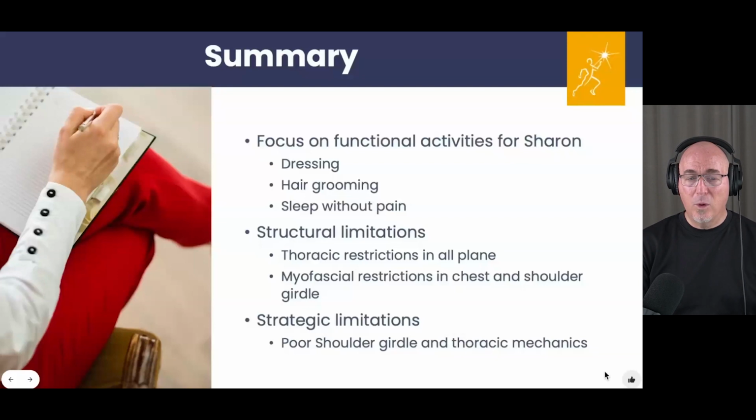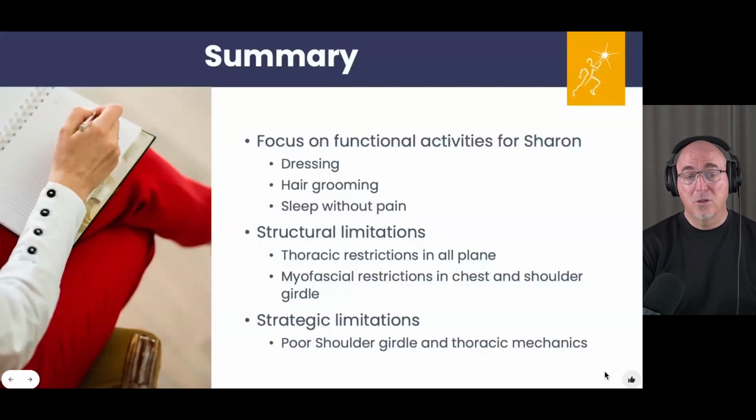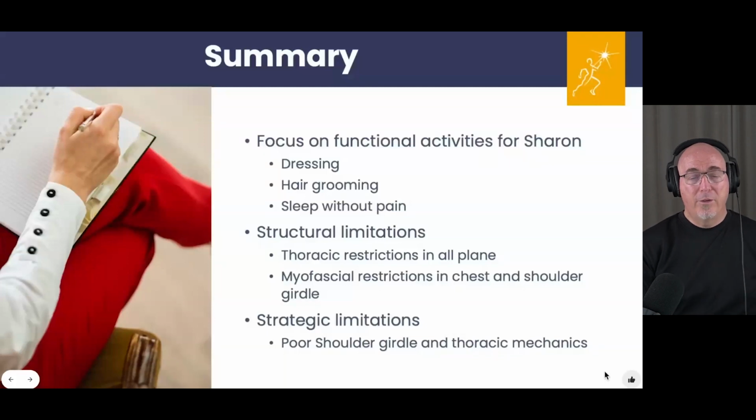And then the last one, which I think is super important, is strategic limitations, right? So she has poor shoulder girdle and thoracic mechanics. And a lot of that, if you just think of having pain, what we do is we hold it, we protect it. It's just too painful to move. If you've ever had anybody with regional pain syndrome, this is where there's a hypersensitivity in the sympathetic nervous system.